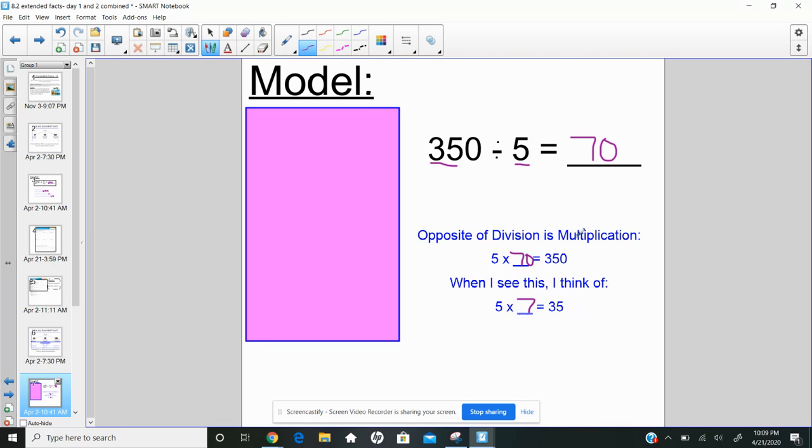Okay, they go together. And so that's why we have to really think about this division as multiplication and use that missing factor here as my answer. Okay, it's a little bit trickier.